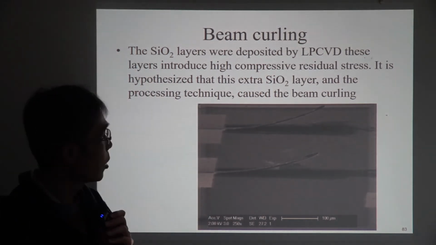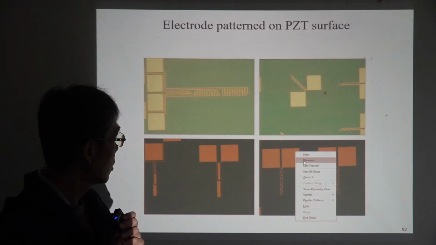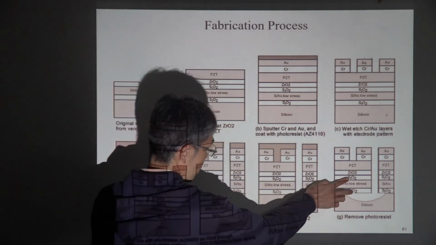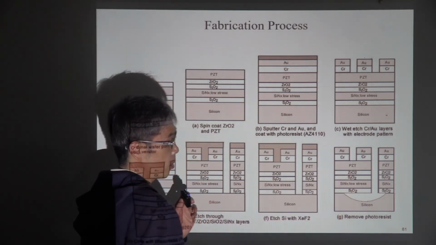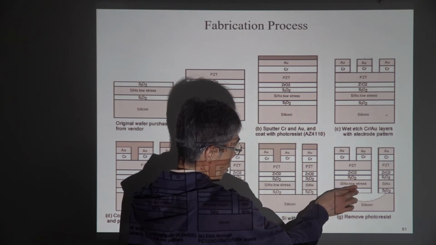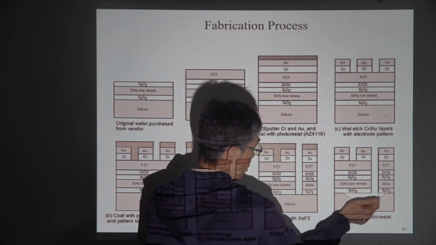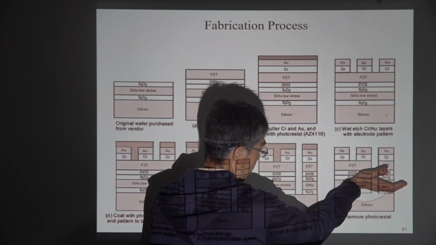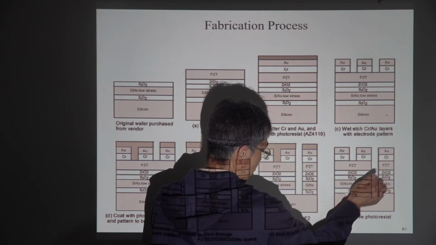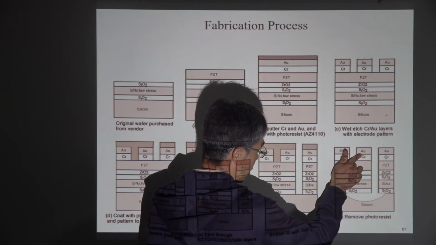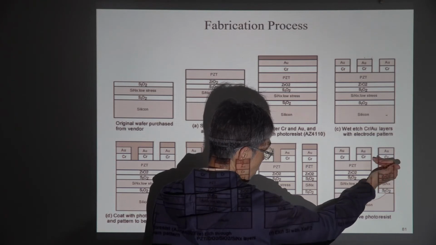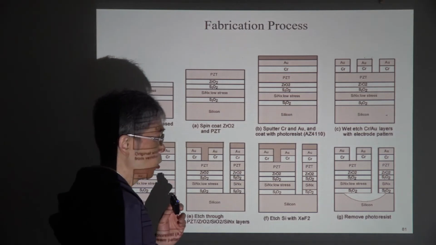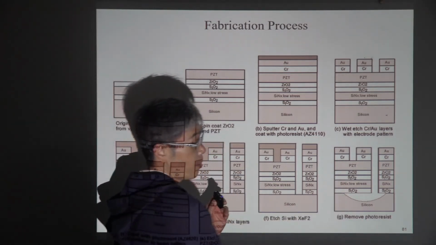So let's go back to the previous. Okay, so the silicon dioxide is near the bottom part. So if we have compression here, the bending moment should go this way. So near the lower part of the beam, in order to have the tension here and compression here, we have a bending moment this way, and the tension near the bottom will balance the compressive residual stress in the silicon dioxide layer.